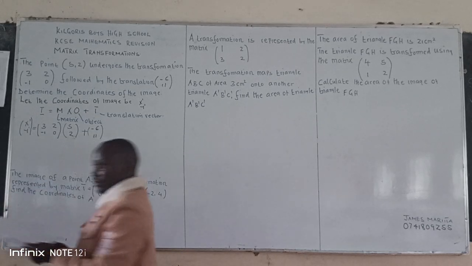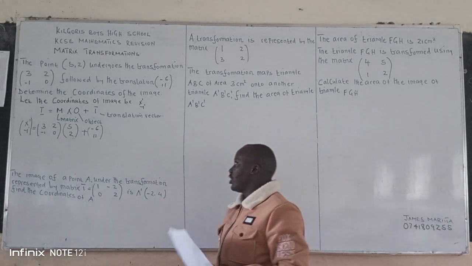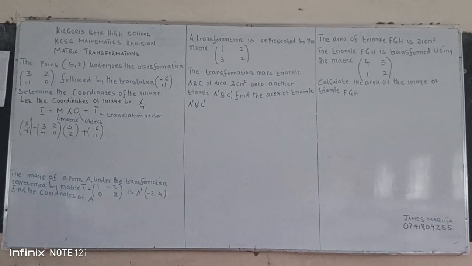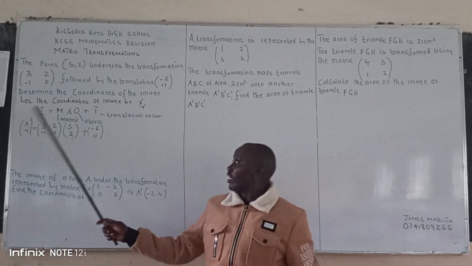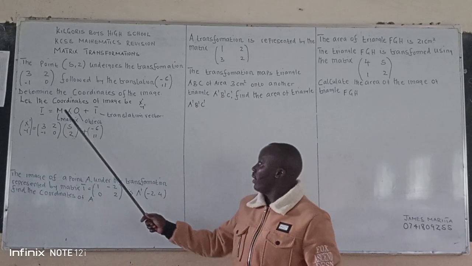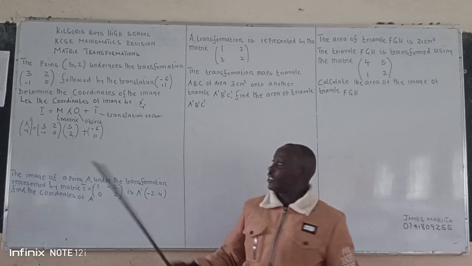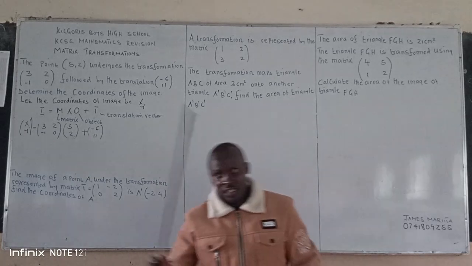So understand this very well: you can use the formula where the coordinates of the image is equal to the matrix of transformation times the coordinates of the object plus the translation vector.